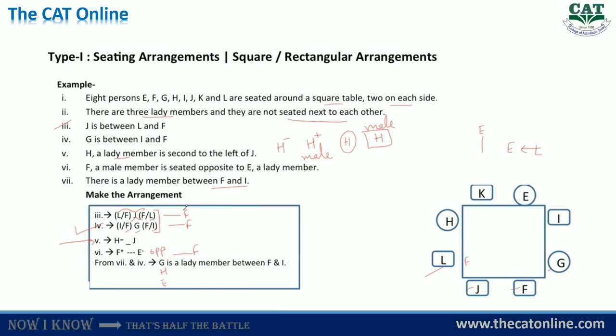So the placement of F was the most important one and the key to this question. We had 4 possible cases and 3 were rejected, and this was the correct case, the 4th one. I hope you have solved this question previously and were able to get a correct answer out of this question.